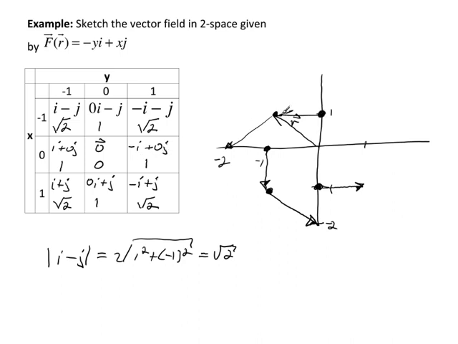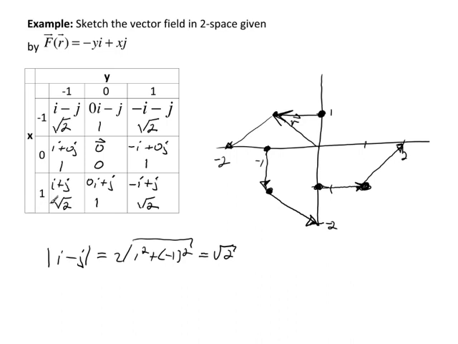So it's going to come over like this. Now down here, when x is 1 and y is -1, I'm right here. I'm going to be +1 in the x direction, +1 in the y direction. So that's going to be up 1 over 1. That's going to go here. Of course, that magnitude is root 2.